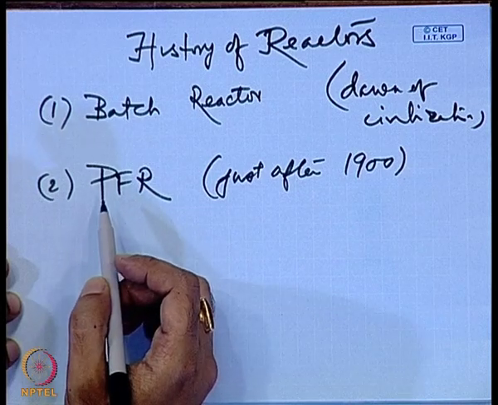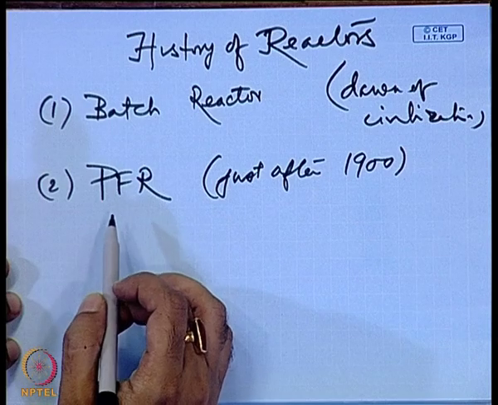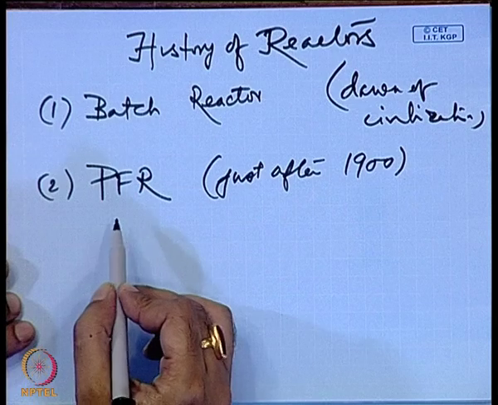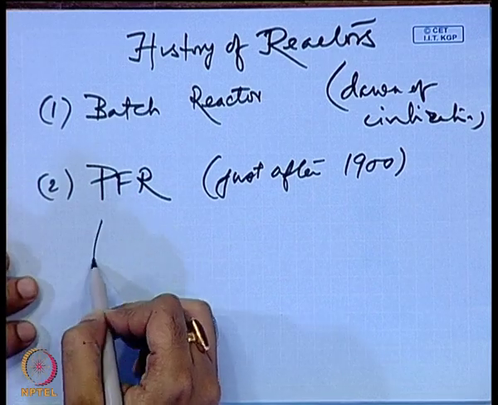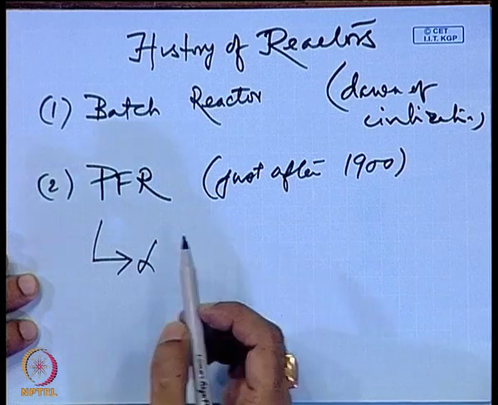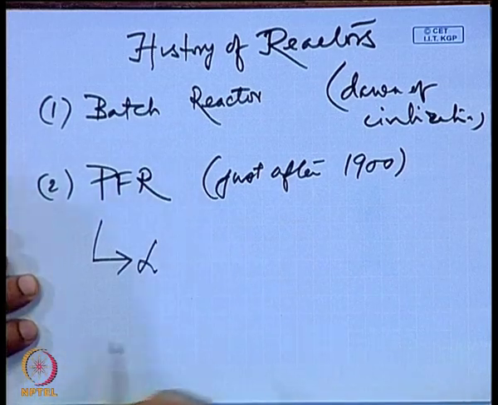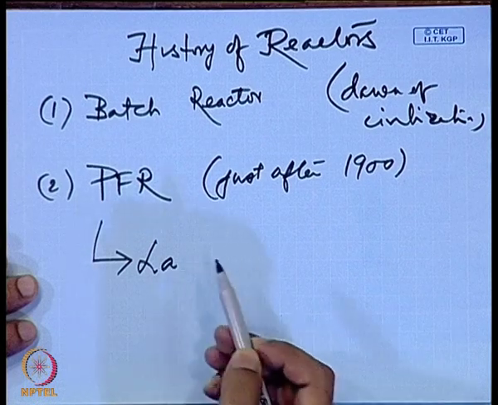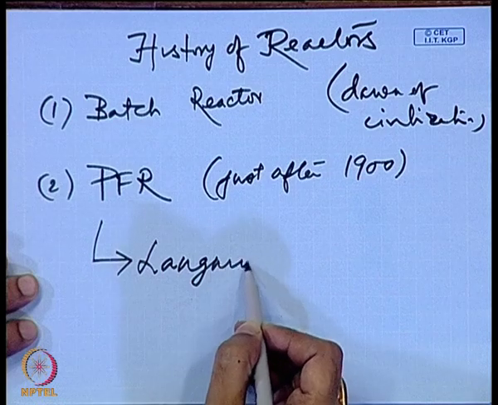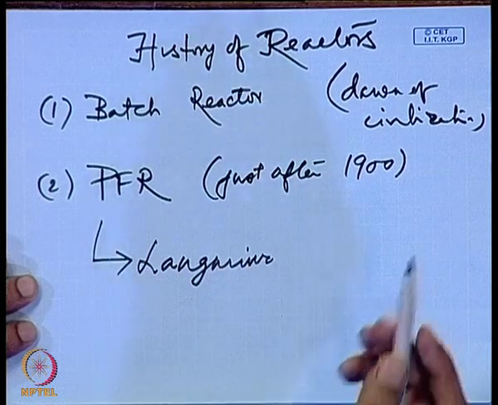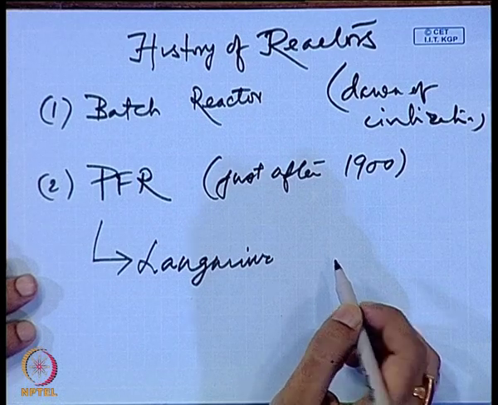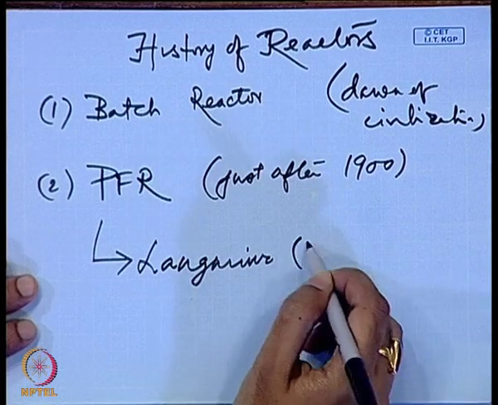Do you have any clue who could have discovered the plug flow reactor? It was discovered by Langmuir. Forget the year, around 1905 or something like that, I think around 1908.